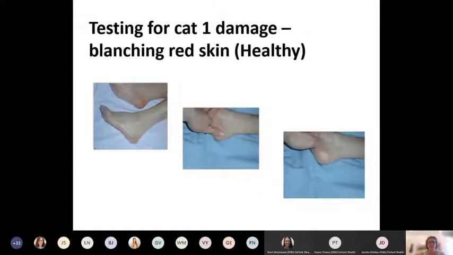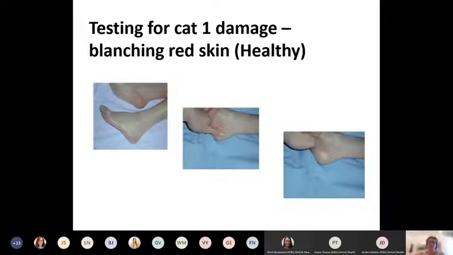If you have intact circulation, as soon as you take your thumb off, you should see a little white area like you've got in that picture. What that means is that the pressure you've put on has squeezed the blood out of the little capillaries underneath. And what you then should see is within 2 or 3 seconds, the white area will go back to being pink as the blood has flowed back into the area.